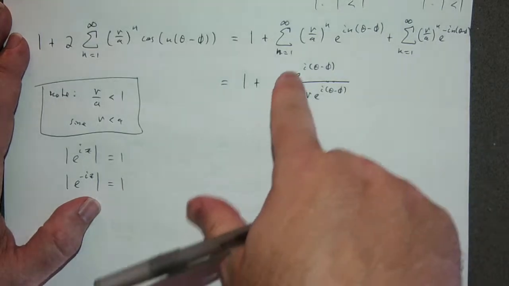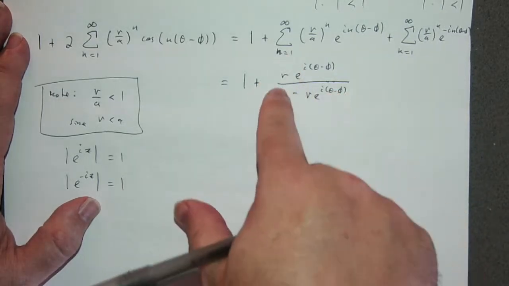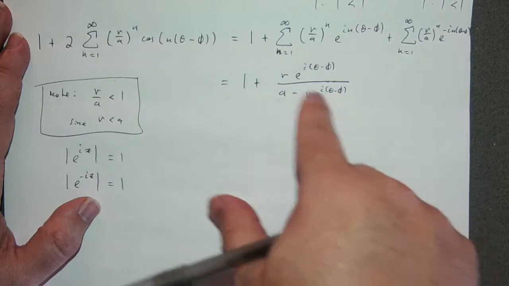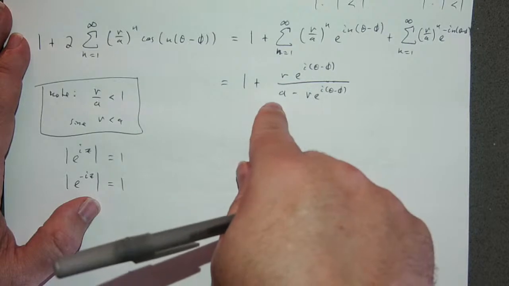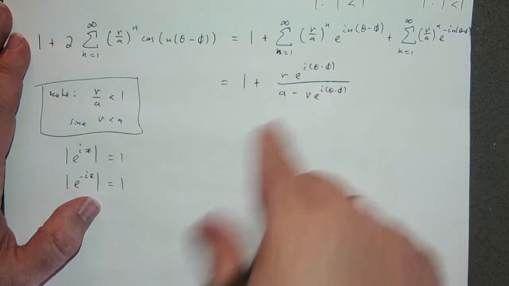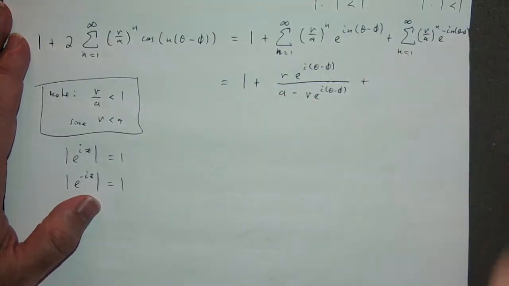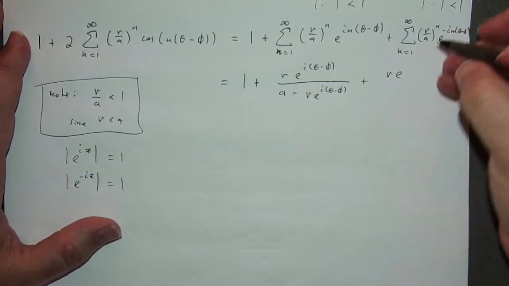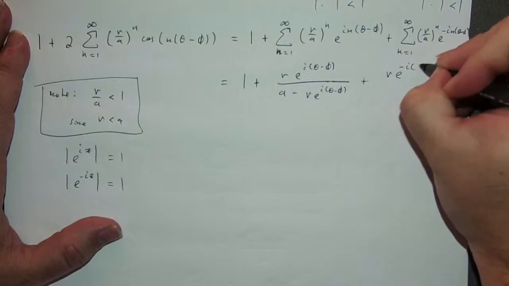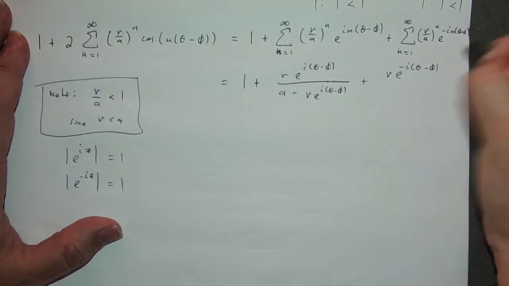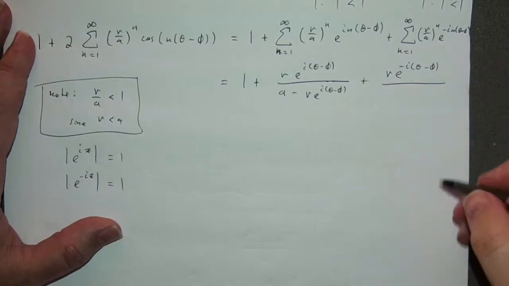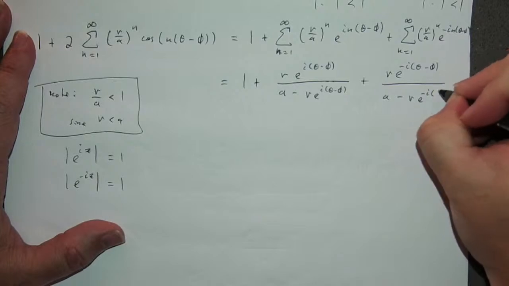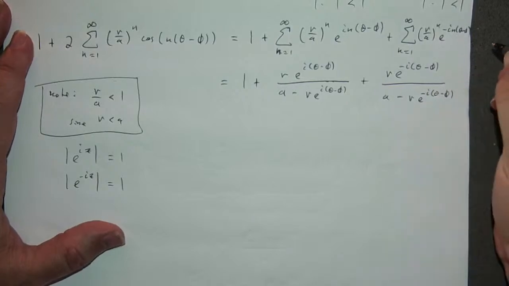Do you believe me? This was an r over a until I distributed this. It would be 1 minus (r over a) e to the i (theta minus phi), but the a is distributed in the denominator. 1 times a is a, r over a times a is r. So that's where that comes from. Plus r e to the minus i (theta minus phi) over a minus r e to the minus i (theta minus phi).